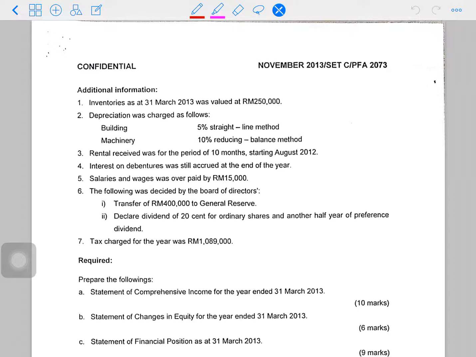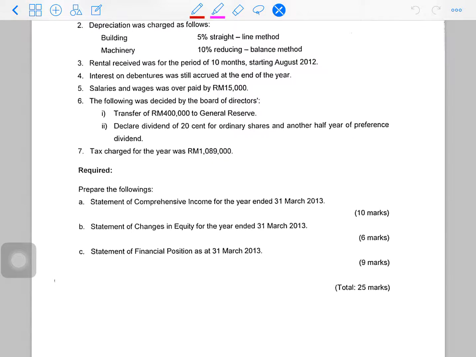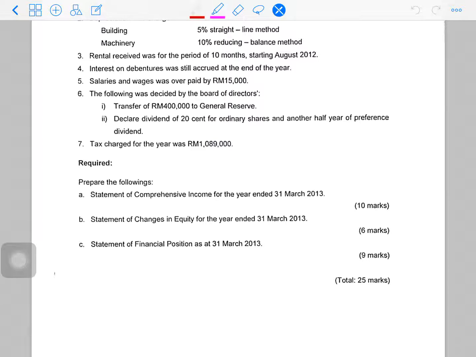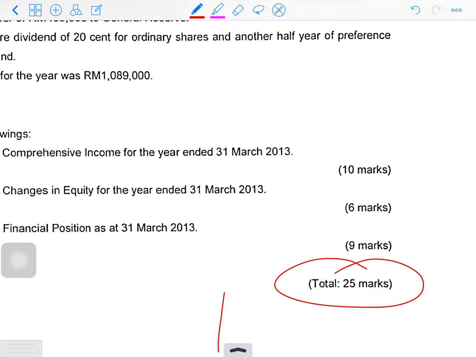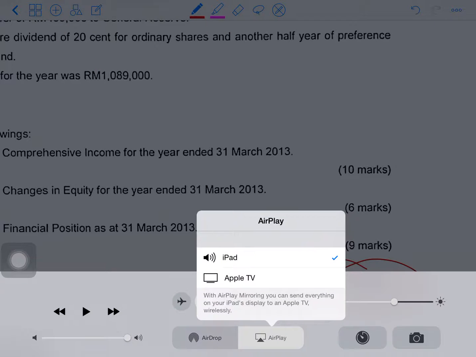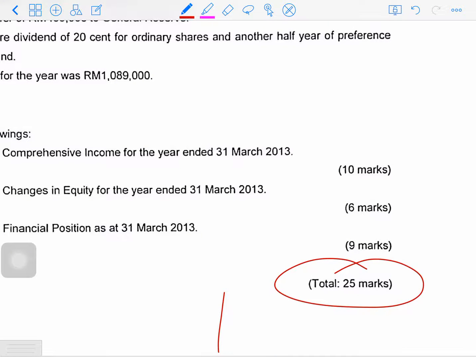Normally they will ask you to prepare all three. All this will carry a total of about 25 marks.